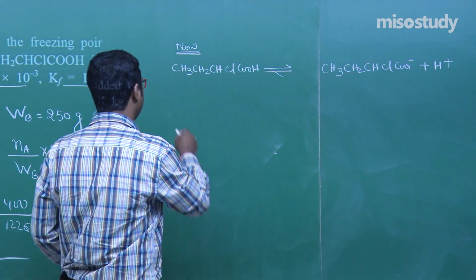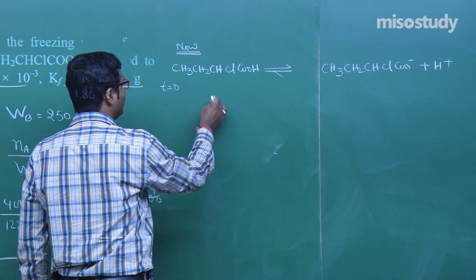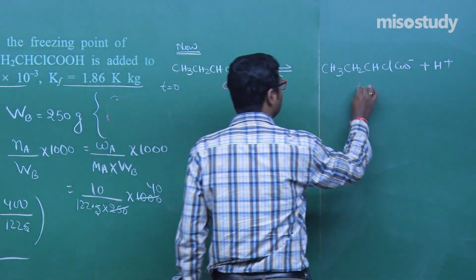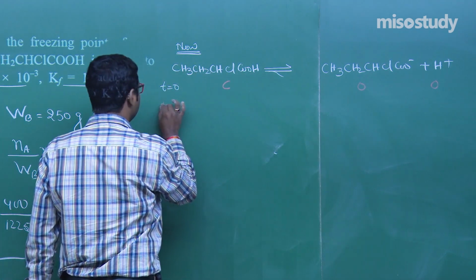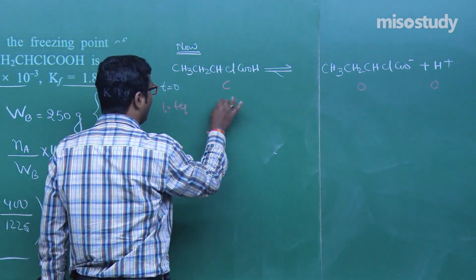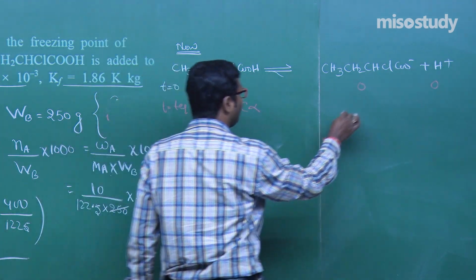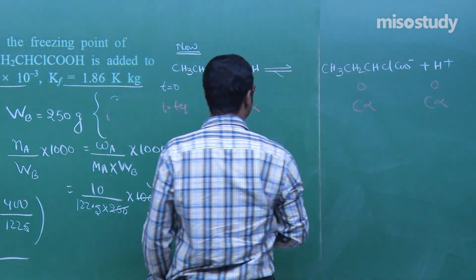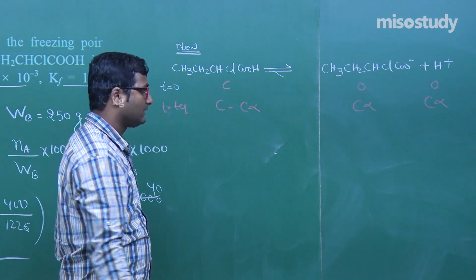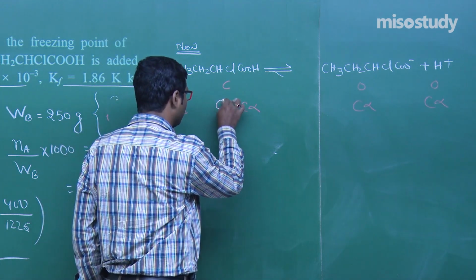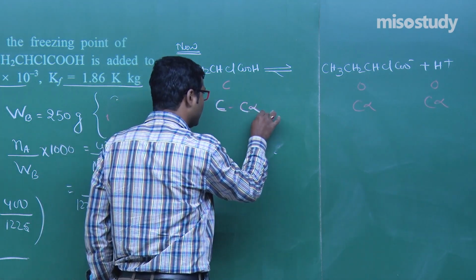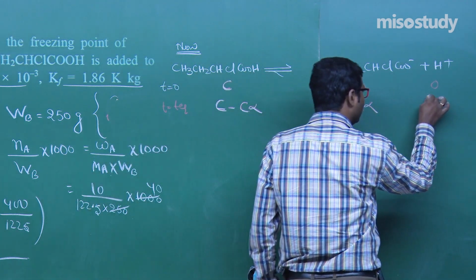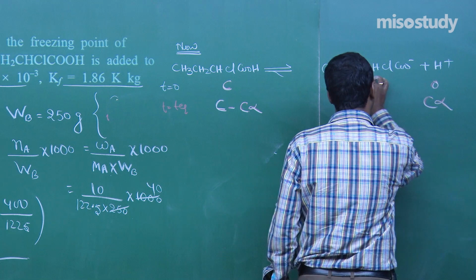Starting when t is equal to 0, that is C, then 0 and 0, and at t equal to equilibrium we get C minus C alpha, C alpha and C alpha.